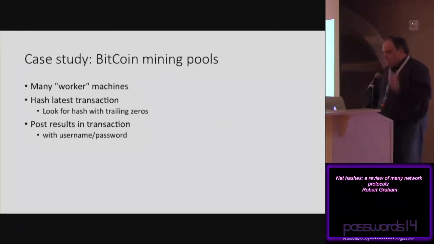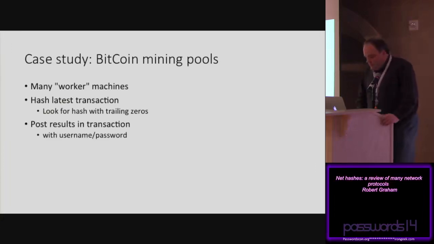So let's look at another case study. This is kind of interesting. Bitcoin, everyone knows Bitcoin. One of the ways that the Bitcoin system works is by Bitcoin mining. That's how transactions are verified and how new Bitcoins are created. If I'm a Bitcoin miner, I'm going to have lots of working machines that are furiously mining Bitcoins.